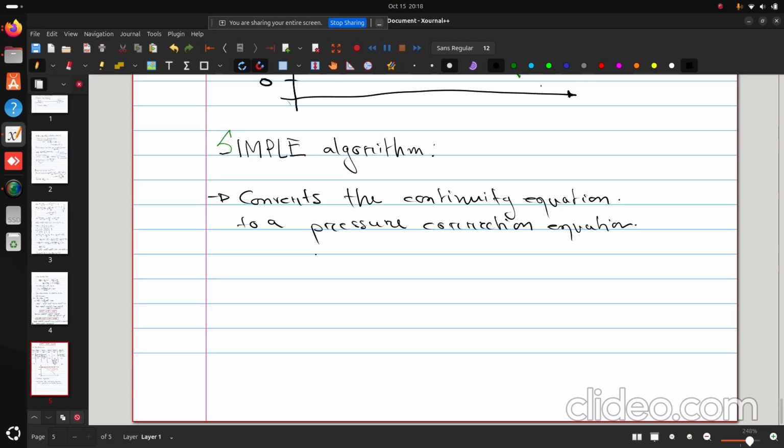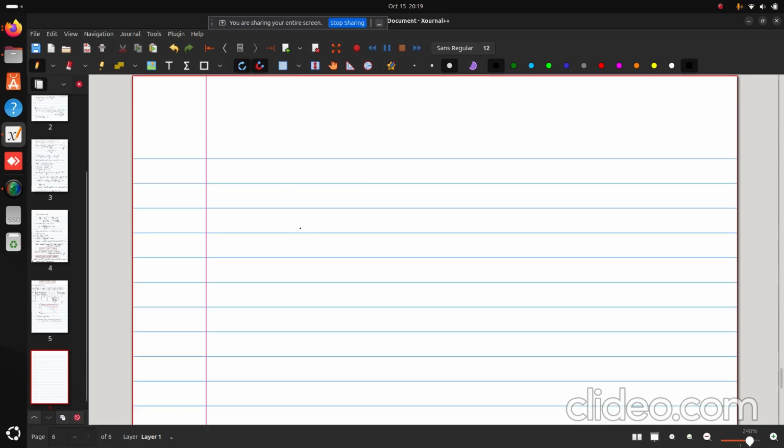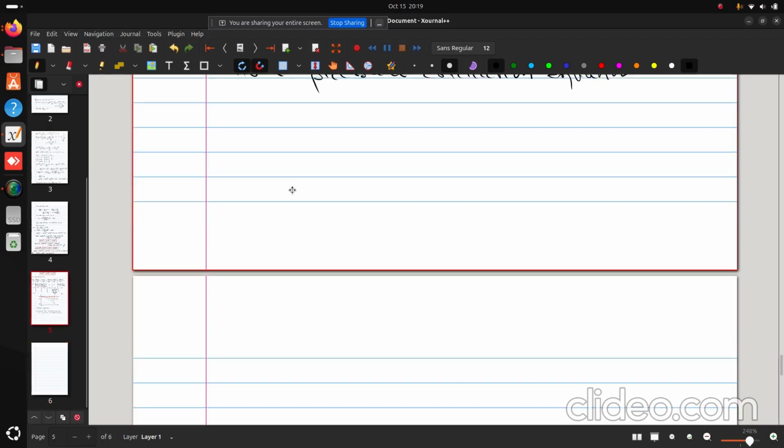So first we took a guess value for the pressure and velocities, which is denoted by the superscript star: p star, u star, v star and w star.